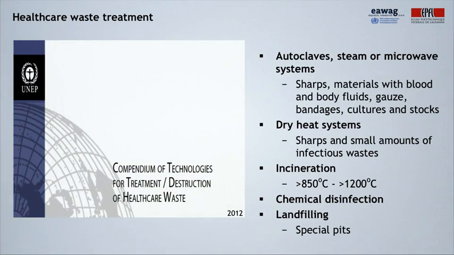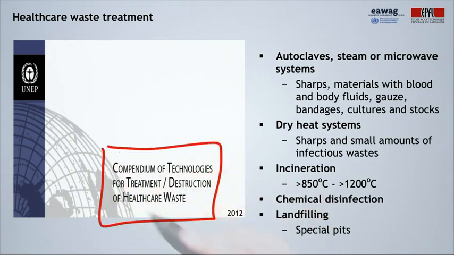I won't go into much detail about the different healthcare waste treatment options. However, I would like to refer you to this compendium of technologies for treatment and destruction of healthcare waste from 2012. Summarizing, there are different systems that can be used.